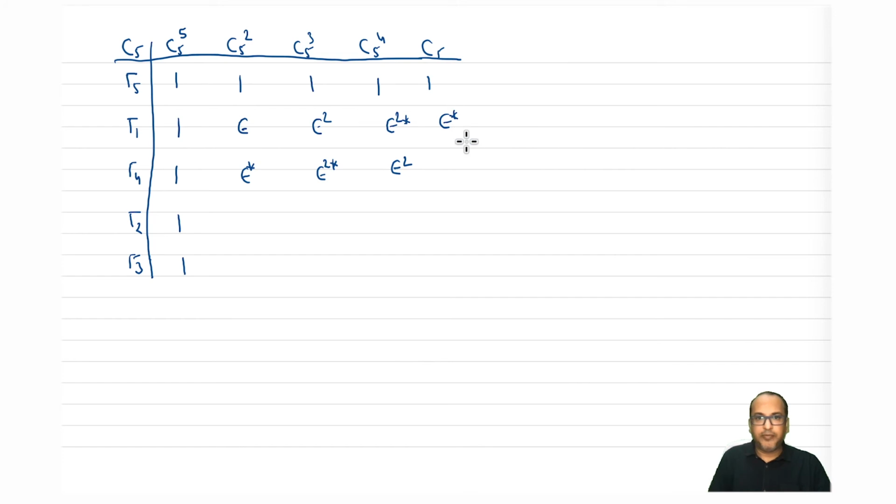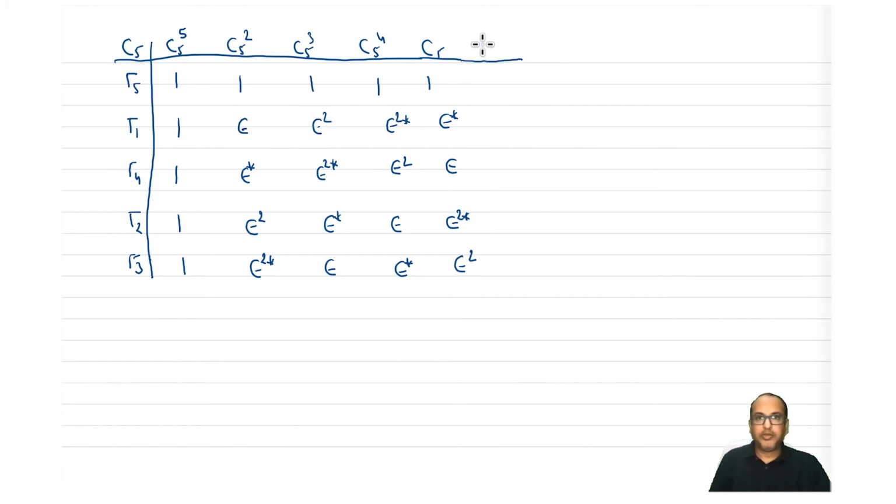All I have done is I have just rearranged the columns. I have just brought the C5 column here and then rearranged the rows, just to make sure that these complex conjugate pairs come next to each other. Epsilon star, epsilon, epsilon 2 star, and epsilon 2.